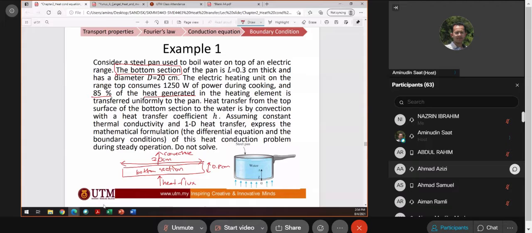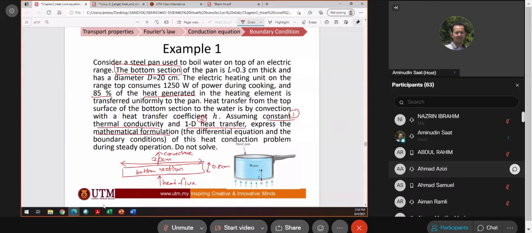The problem says heat transfer from the top surface of the bottom section to the water is by convection, and they give you an h value. Assume constant thermal conductivity and one-dimensional heat transfer. This is the assumption: thermal conductivity is constant, and with one-dimensional heat transfer you don't apply the y and z.